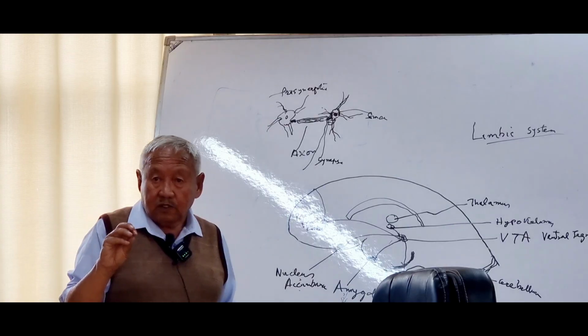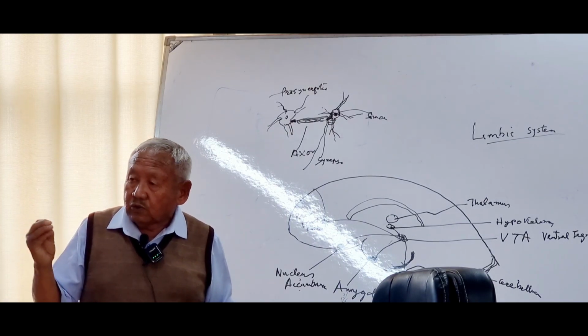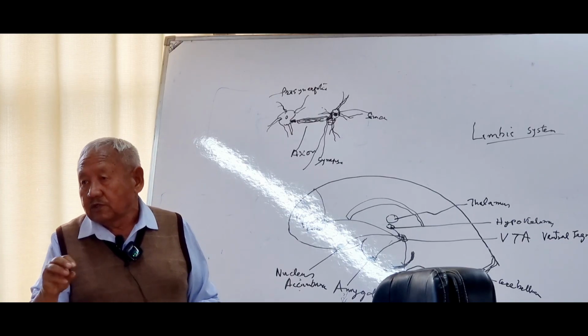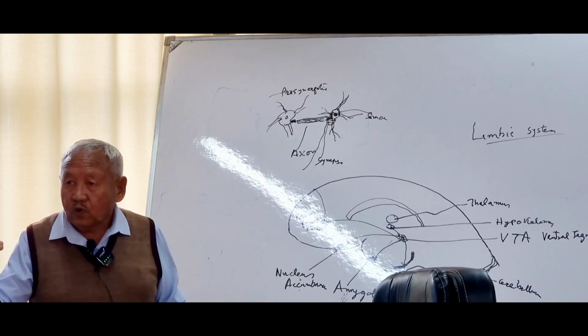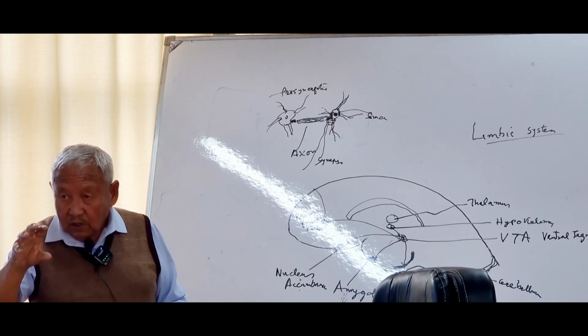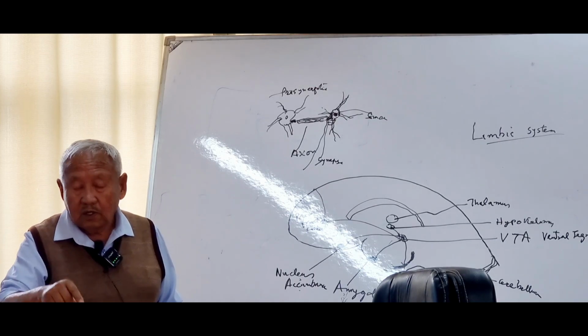Those channels start opening. Sodium gets into the cell. Potassium from outside gets into the inside of the cell. And then chloride goes into the cell. Chloride, all this causes negative charge in the cell. Finally, calcium goes in.